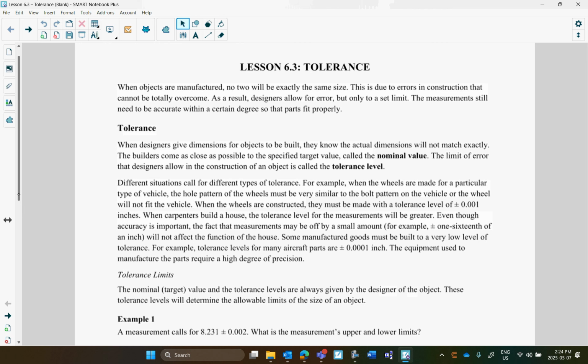The actual value that I'm trying to get to is called the nominal value. That's the one that I'm trying to achieve when I measure something, is the nominal. But there's always going to be a little error, okay? And that little error we call the tolerance level.